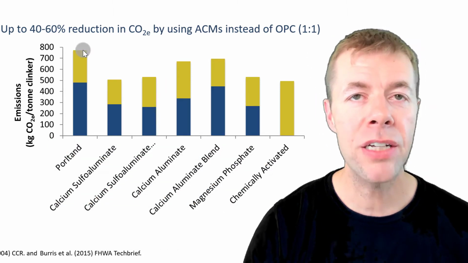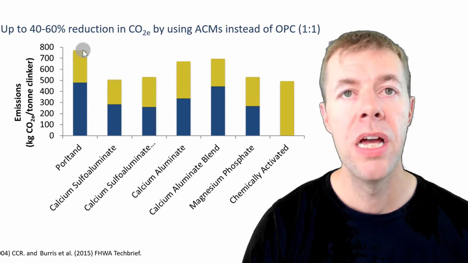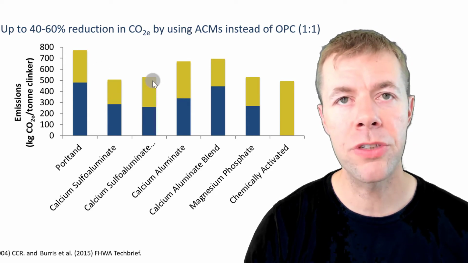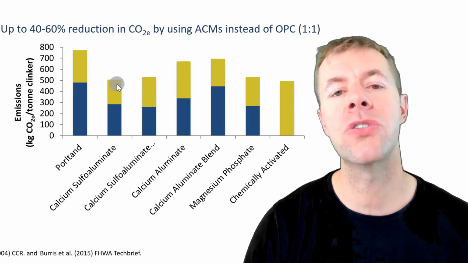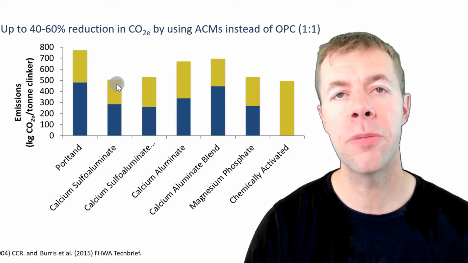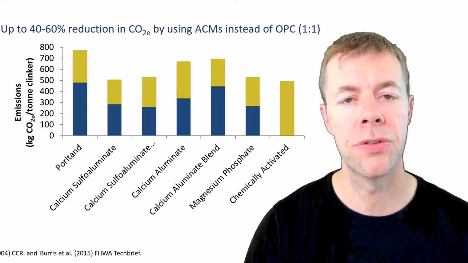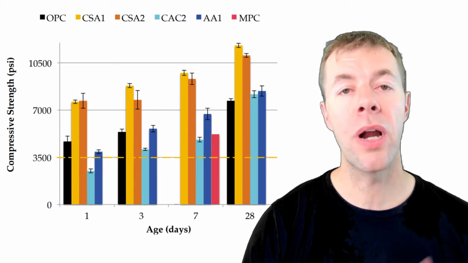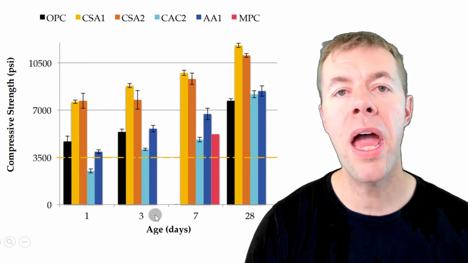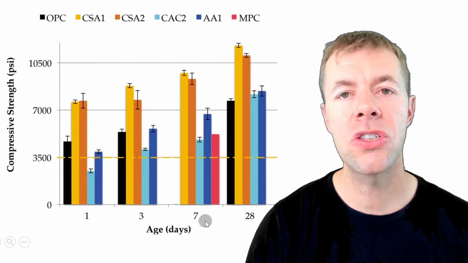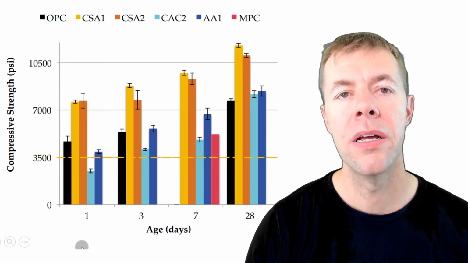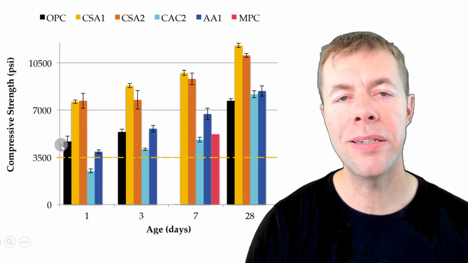It has the highest carbon footprint of all of them. Some of them, like a calcium sulfoaluminate cement, have about 50% of the amount of energy needed to produce it. And you can see they all fall in different places. Here's the compressive strength. Notice I'm showing 1 day, 3 days, 7, 28, and in black is OPC.